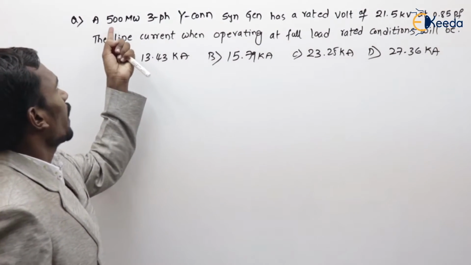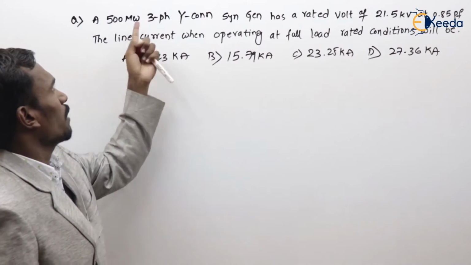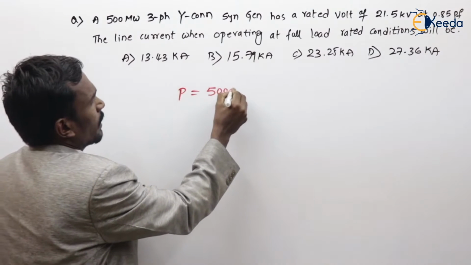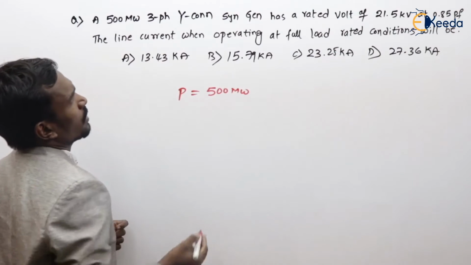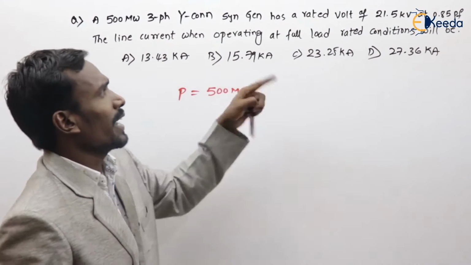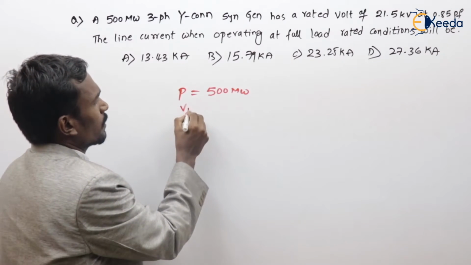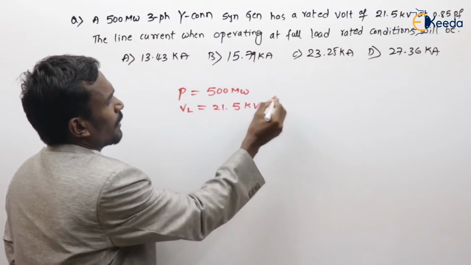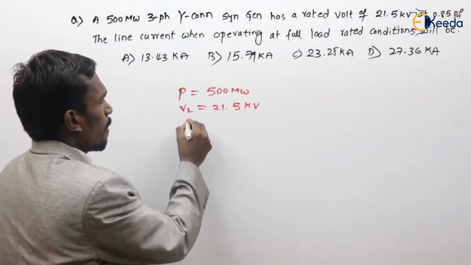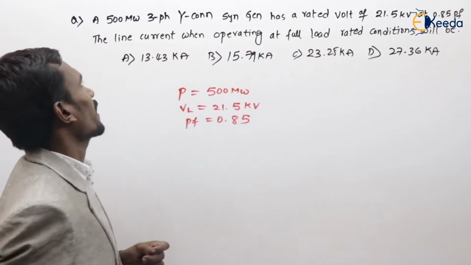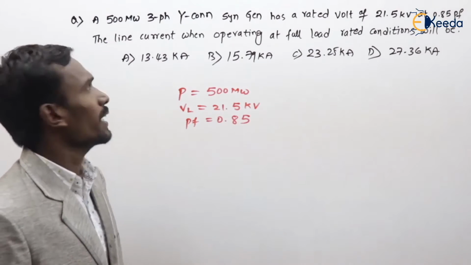Let's see. A 500 megawatt star connected synchronous generator has rated voltage of 21.5 kilovolts, power factor 0.85.